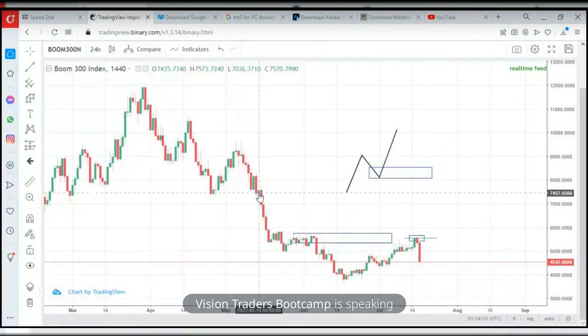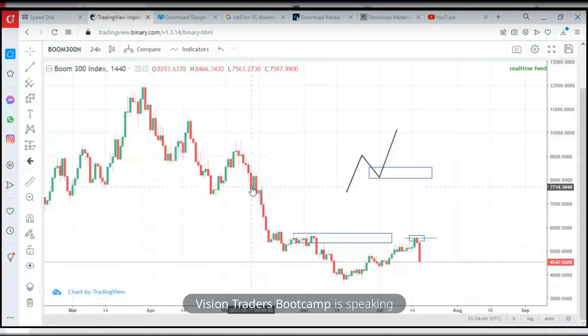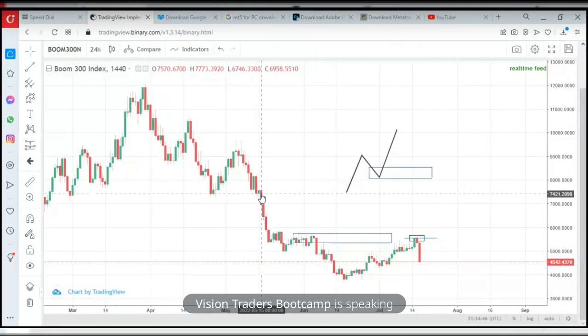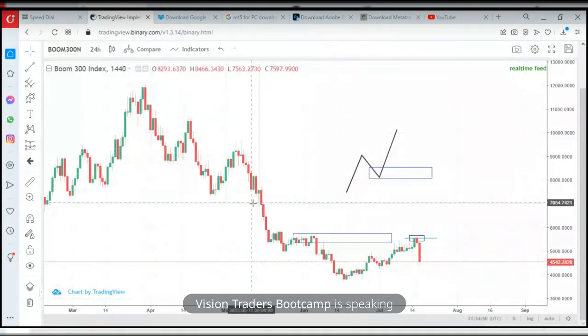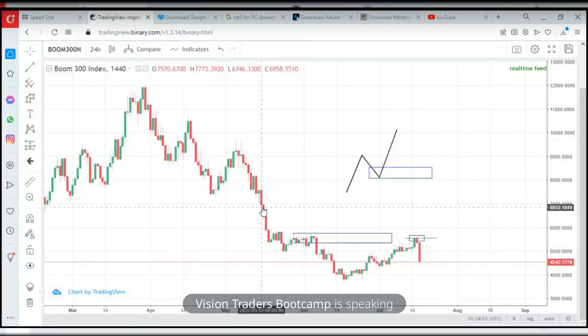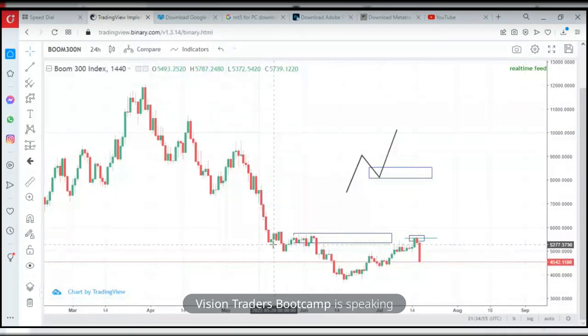And on the next day, price printed again, and you have to wait for another day to get an entry. Price wicked out the high, probably giving us that change of character or break of structure before selling down. Now 1, 2, 3, 4, 5 days again you wait, if you're trading from the daily.